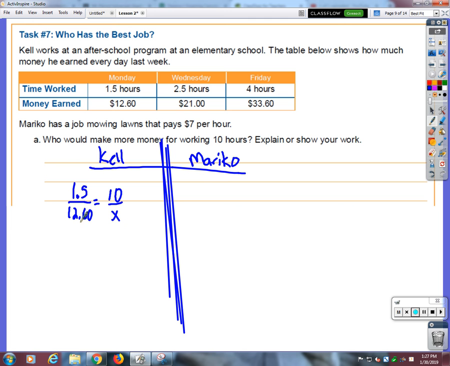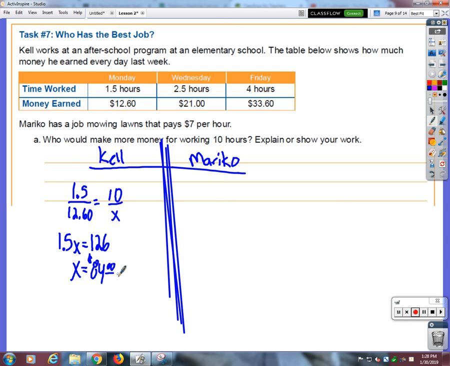Okay, so I'm going to multiply these two things together and these two things together. So 1.5x equals 126. So what does x equal? $84. Okay. All right, so Kel's going to make $84 in 10 hours.